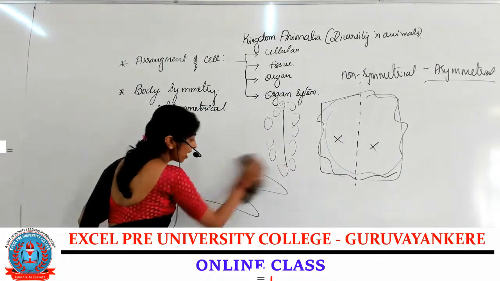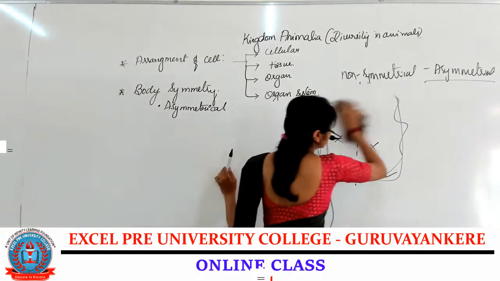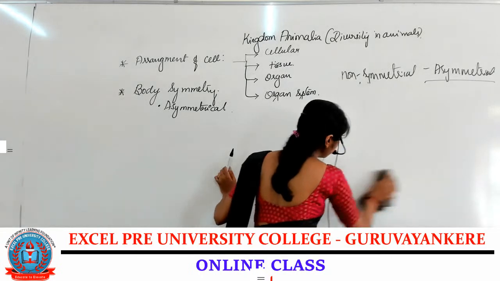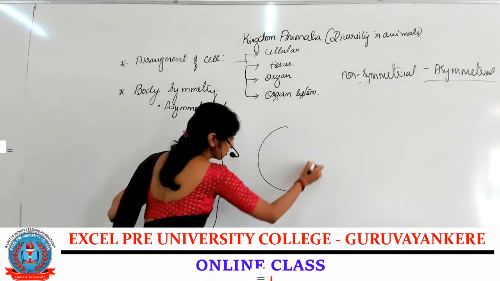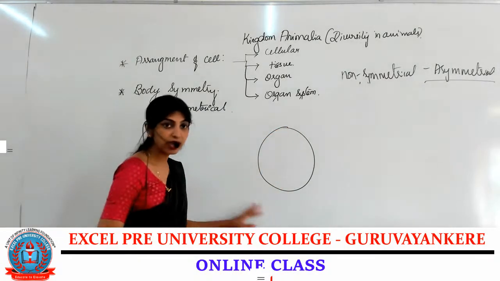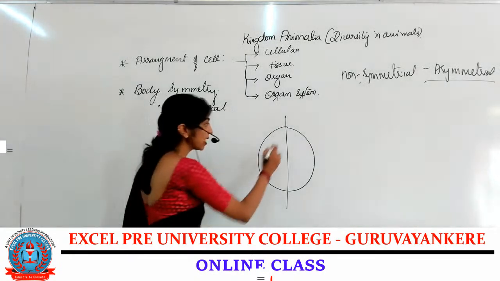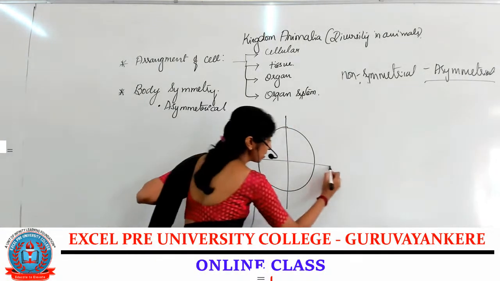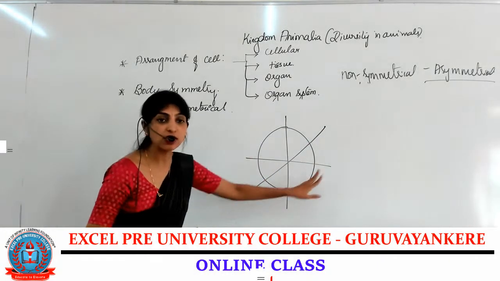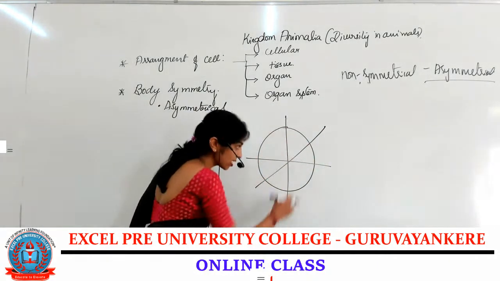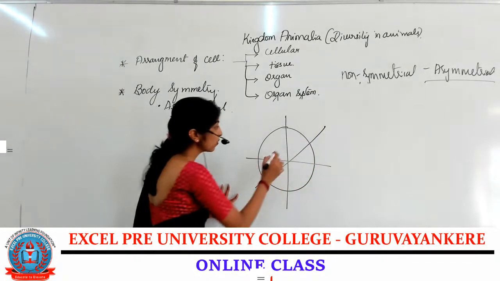Similarly, consider this is an organism. If I divide this organism through the central axis in any plane, it might be in this plane, or this plane, or this plane, and I get equal halves.